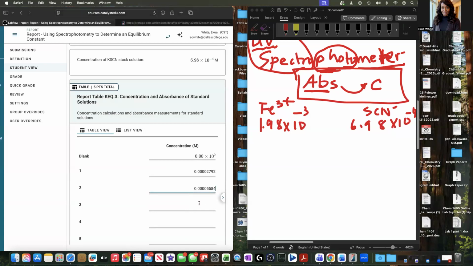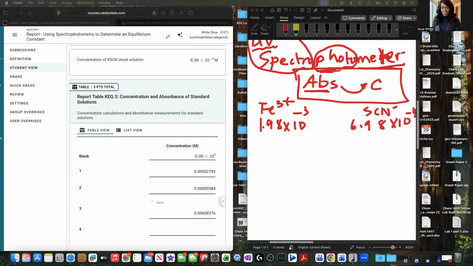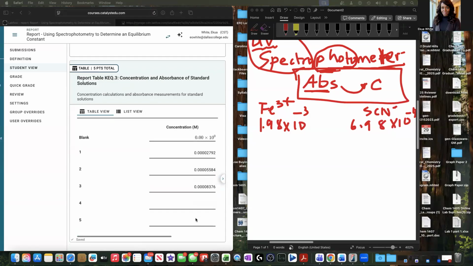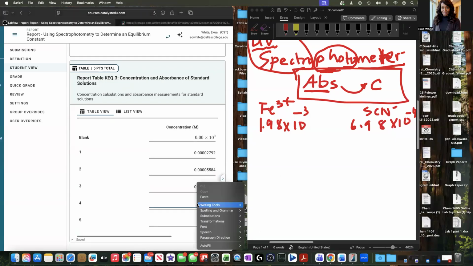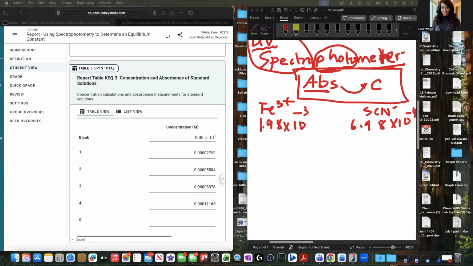Copy this over. Paste. This is the diluted concentration of thiocyanate, which is the same as the concentration of the product. Because remember, thiocyanate is the limiting reagent, so it controls how much product you get.